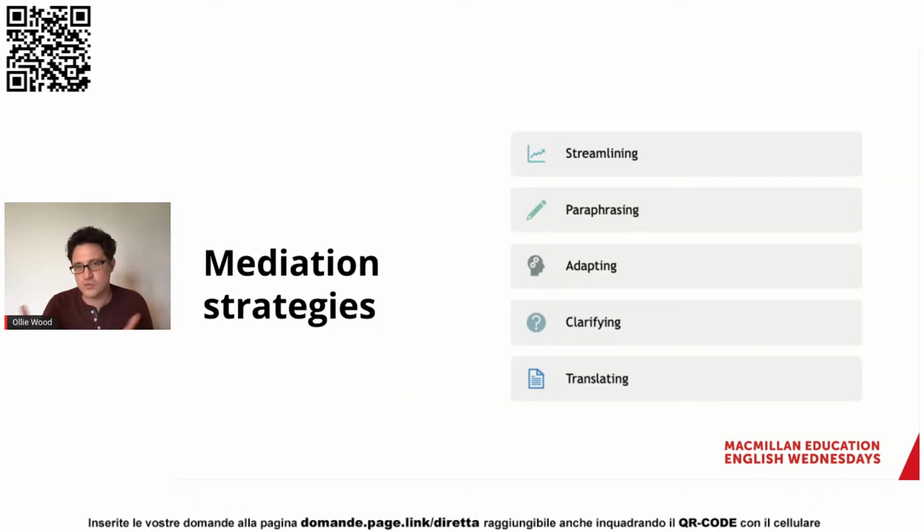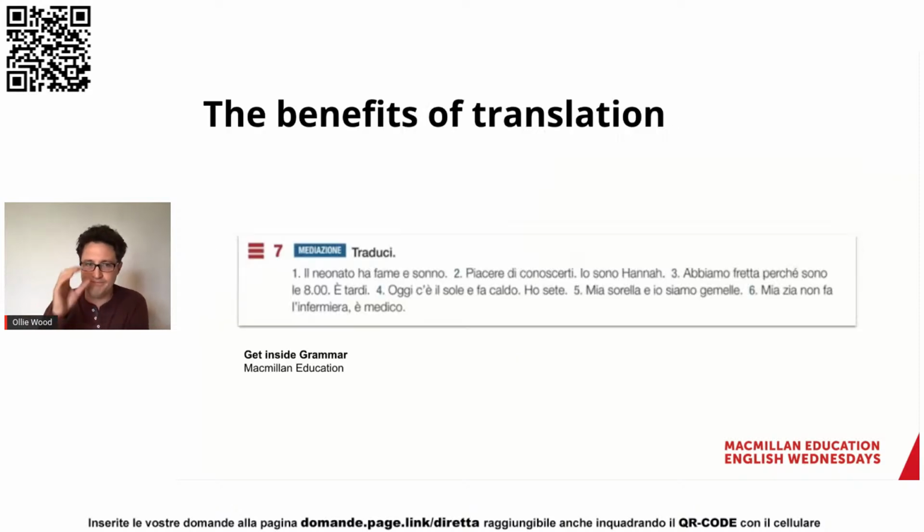You have to translate the word. Now, because translating has become, for want of a better expression, a bit of a dirty word recently, let's talk a little bit more about it.